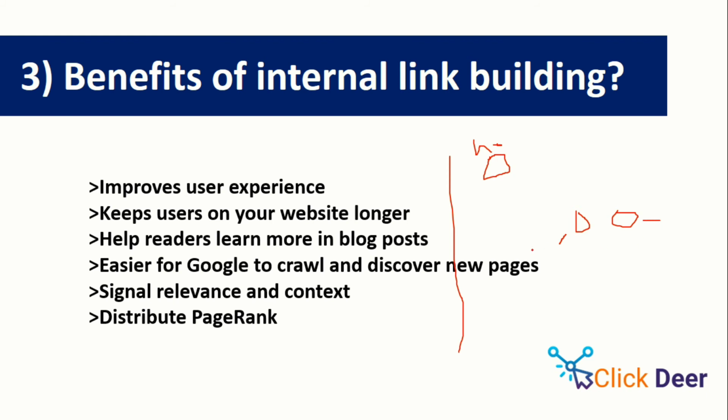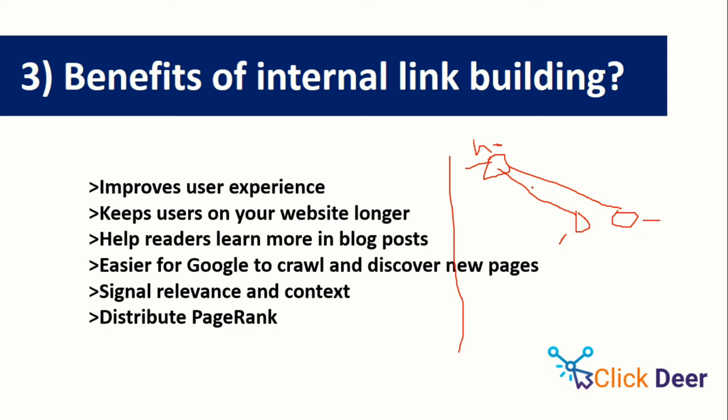And when you link these two pages with this homepage, right? As this is the homepage which ranks really well in Google search results, what Google is going to do is pass the link juice to these two pages as well, right?